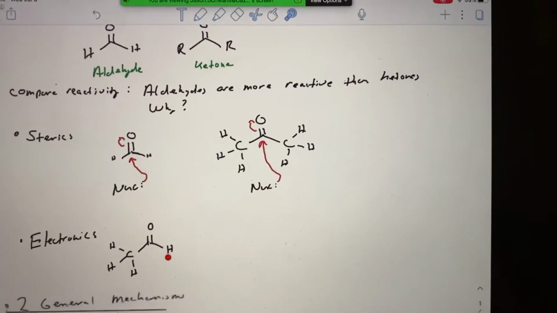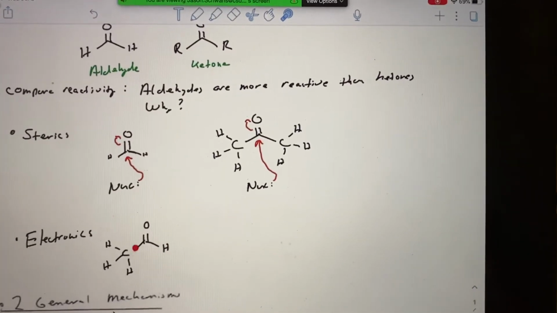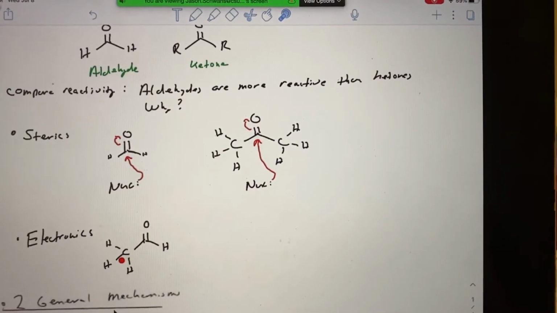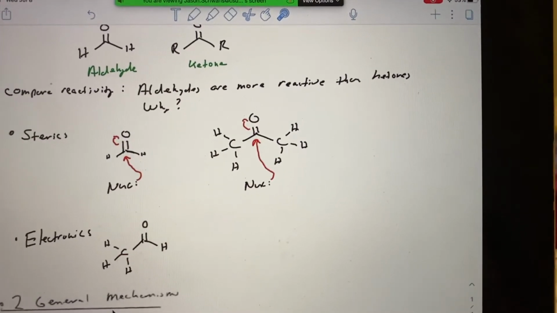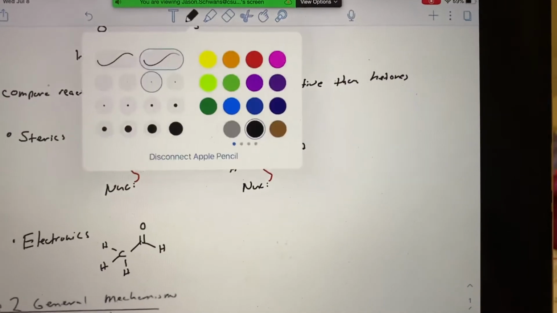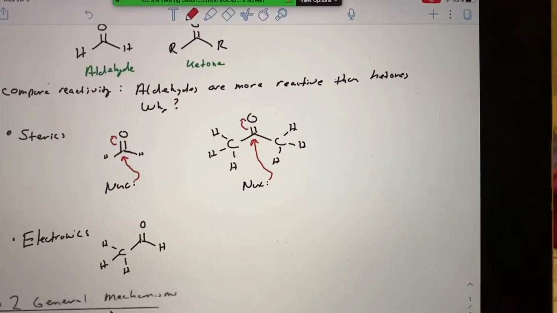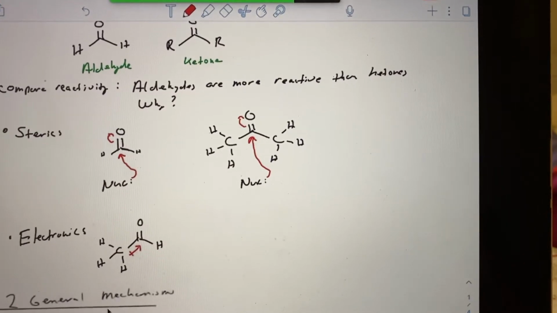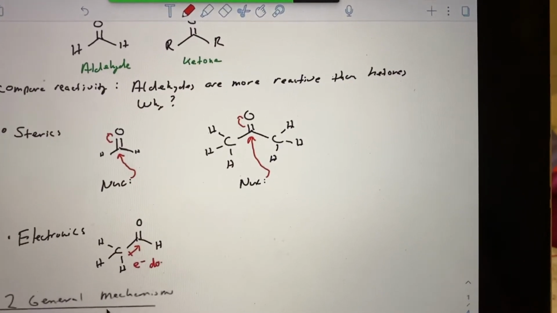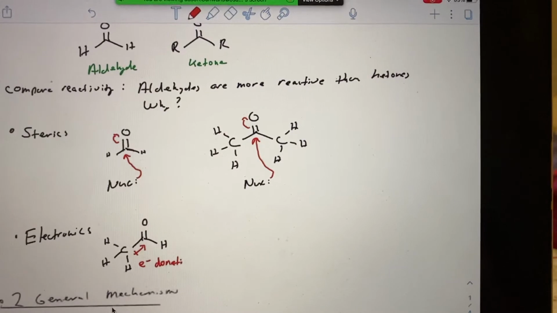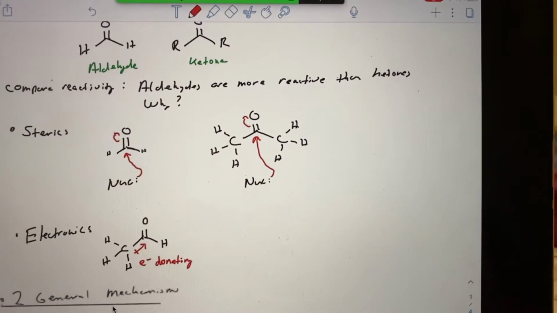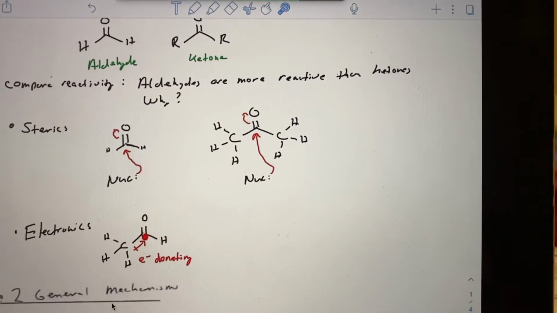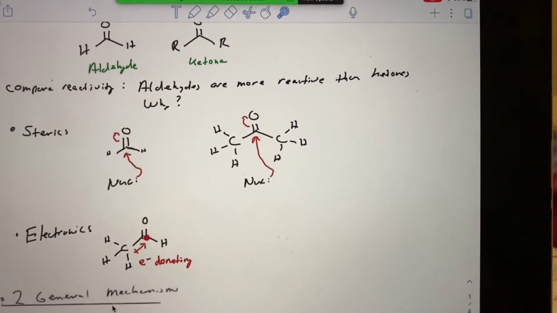Comparing hydrogen to a carbon of a methyl group, the carbon is actually slightly electron donating, and this will come up in a lot of other cases as well. So if we were to draw a bit of a dipole here, this methyl group is slightly electron donating, which means that's going to make this carbon here slightly less electrophilic.